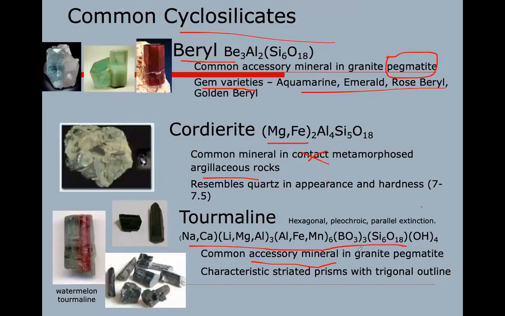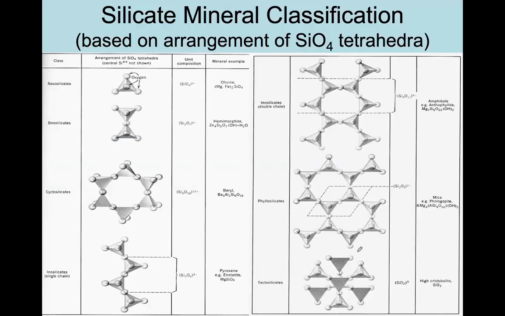So far we could cover some basic aspects of mesosilicates, sorosilicates, and cyclosilicates, right? So there are three groups of silicates whose features we briefly considered in terms of the silicon tetrahedra, based on the arrangement of that particular tetrahedra.